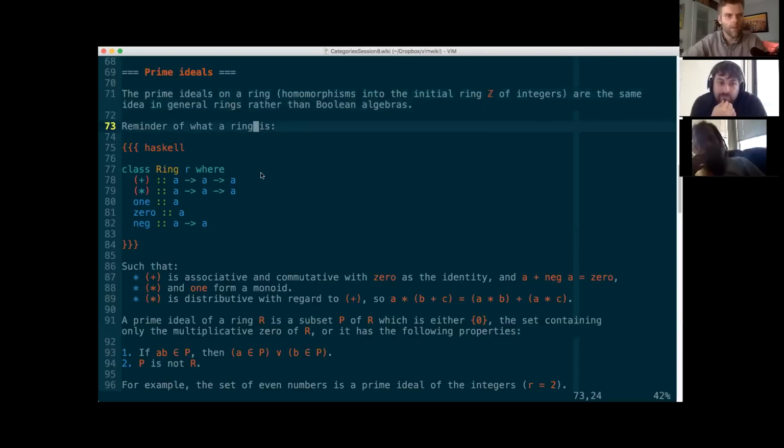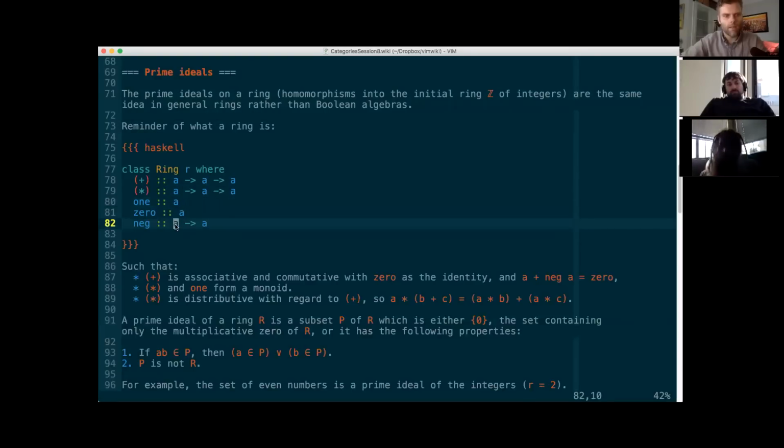So first, a reminder of what a ring is. A ring has an addition, which is associative and commutative, and has an identity element, 0. So it's a commutative monoid in plus. It has a multiplication, which is also associative and has an element 1. So it's a monoid in the multiplication. And it has a negation.